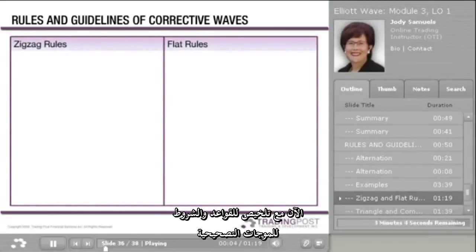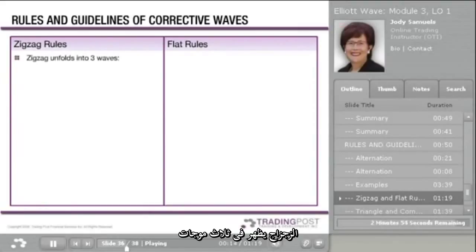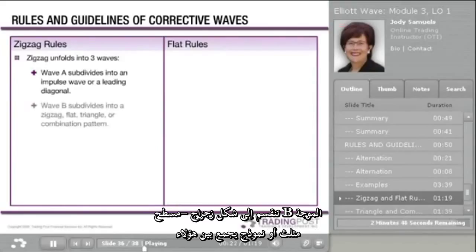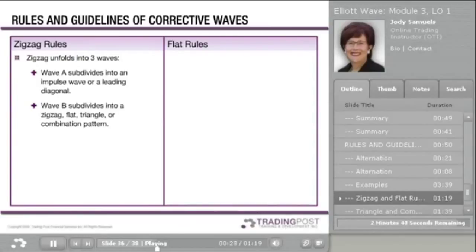Here is a summary slide for rules and guidelines of corrective waves. First we'll do the zigzag rules. A zigzag unfolds into 3 waves. Wave A subdivides into an impulse wave or a leading diagonal. Wave B subdivides into a zigzag, flat, triangle, or combination pattern.